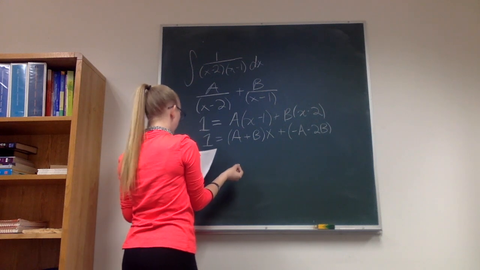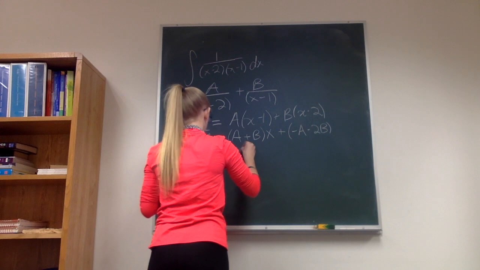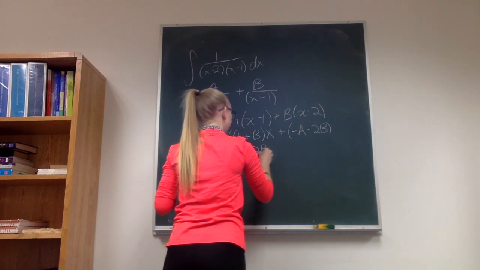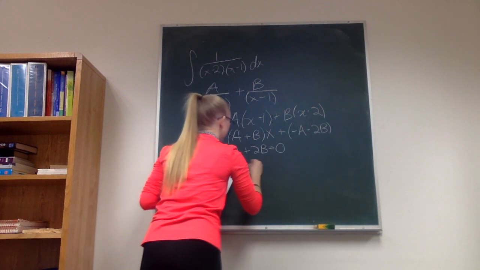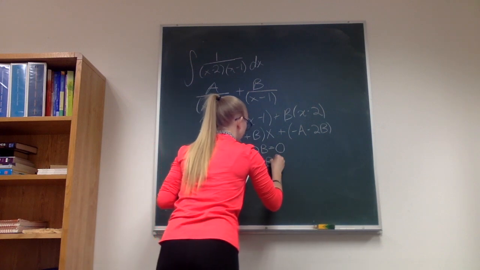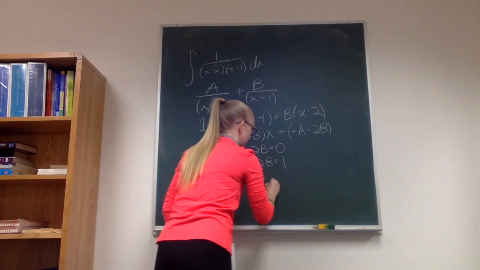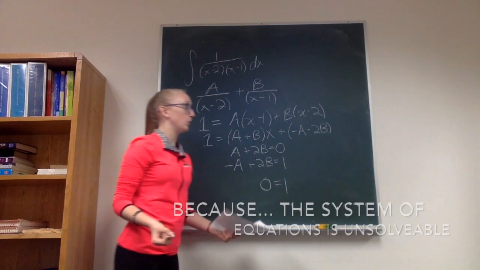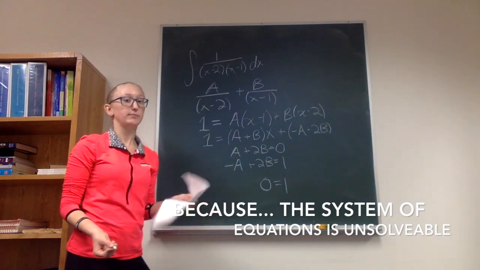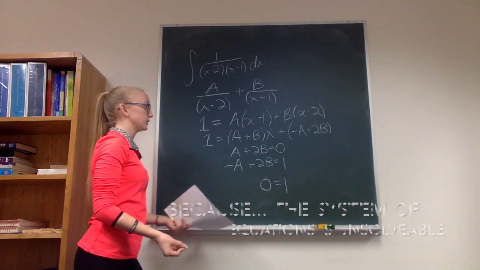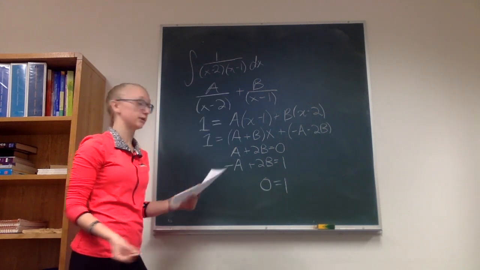And from here, when you solve out your systems of equations, you're going to get a plus 2b equals 0, and you're also going to get negative a plus 2b equals 1. But if you solve this through, you're going to get 0 equals 1, which in this case means you aren't able to solve this function using partial fractions. So unfortunately, you'd have to use a different method or something else that we know how to do that we can solve for this one.